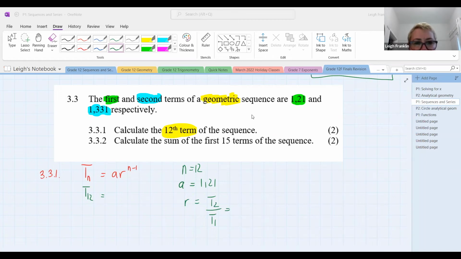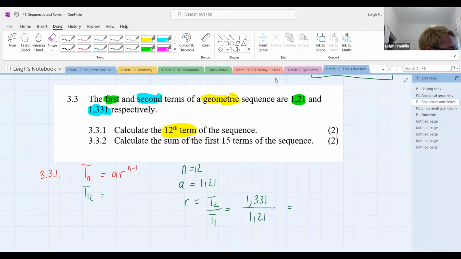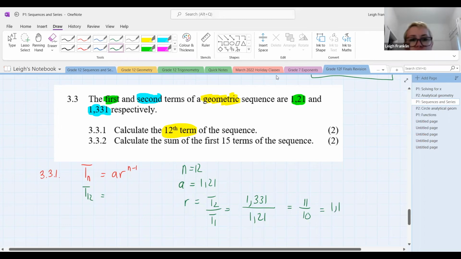Term 2 divided by term 1. So this gives us 1331 divided by 121. So I don't know about you guys, but I'm getting my R as 11/10. Anybody else get that same answer? If you want to work with it as a decimal, that's also fine. So if you want to work with it as 1.1, that's not a problem. We can do that too.